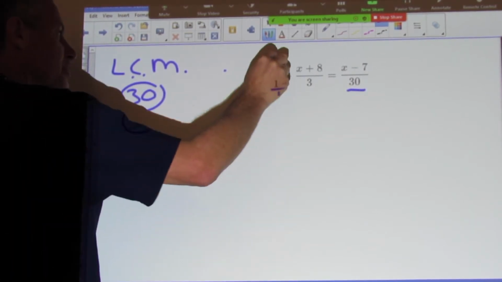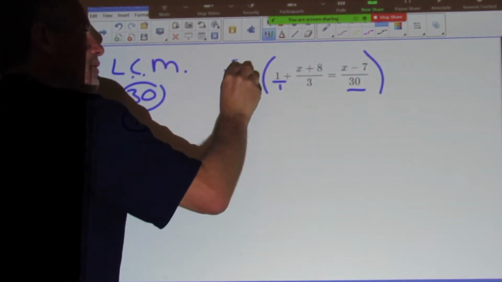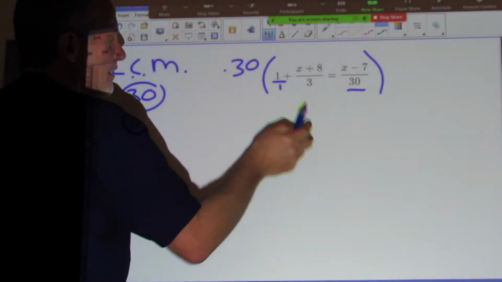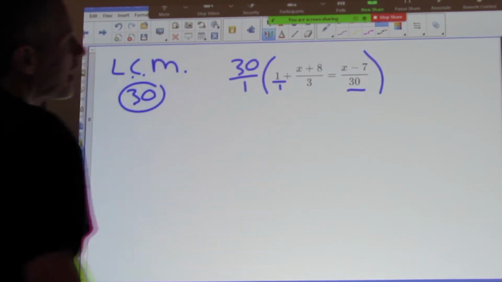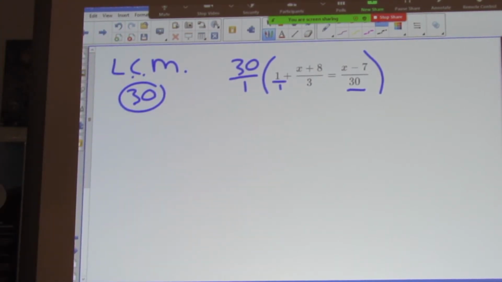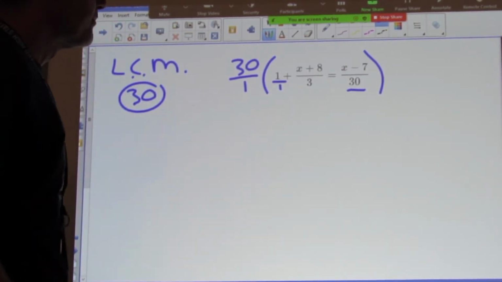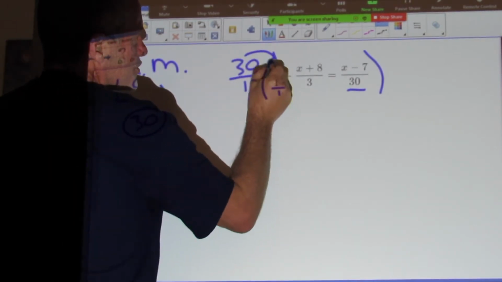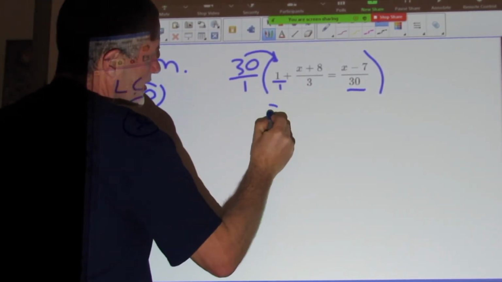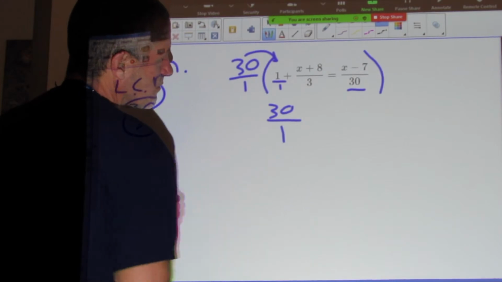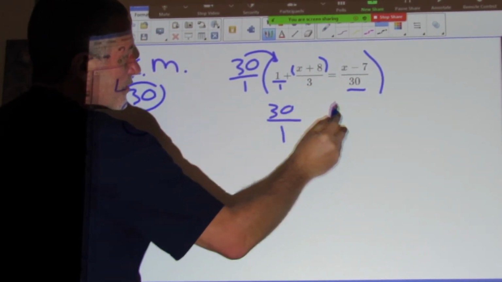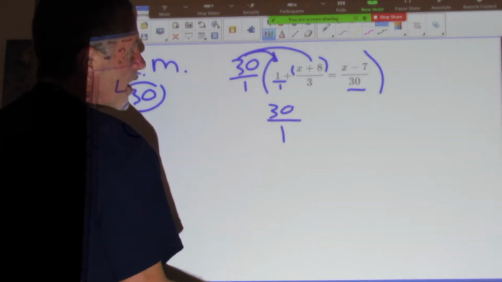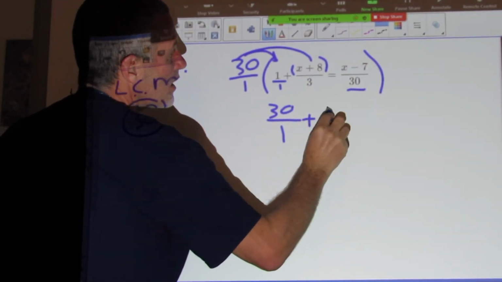That means multiply the whole equation by 30 and make sure that doesn't look like negative 30. And if you want, put that 1 under it so you're doing fraction times fraction. Distribute 30 times 1 is 30 over 1. Again, when you have a binomial, you're going to want to put parentheses around it, so it's 30 times the quantity, x plus 8.